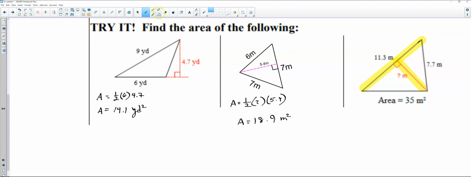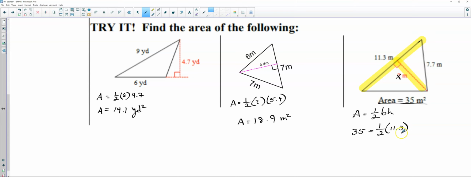I am going to name this X, because I'm looking for X. So I use the formula. The formula says that area is equal to 1/2 base times the height. I have the area right here. So I'm going to put 35 square meters is equal to 1/2. Do I have the base? Sure, it's 11.3.